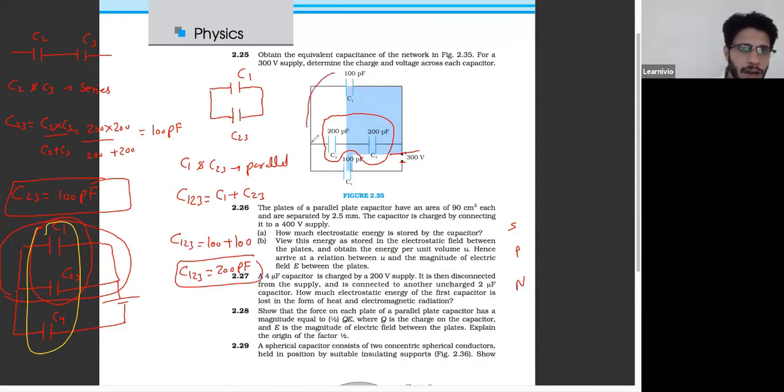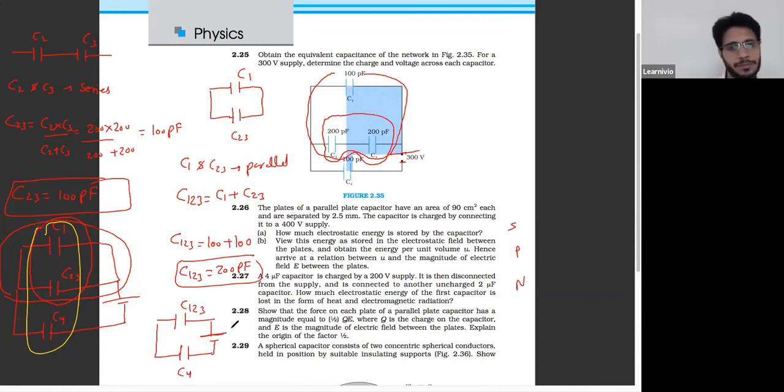Okay, so we have combined all these capacitors. So using C1 and C23, I can write C123. So we are left with C123 and C4, and this is the cell.